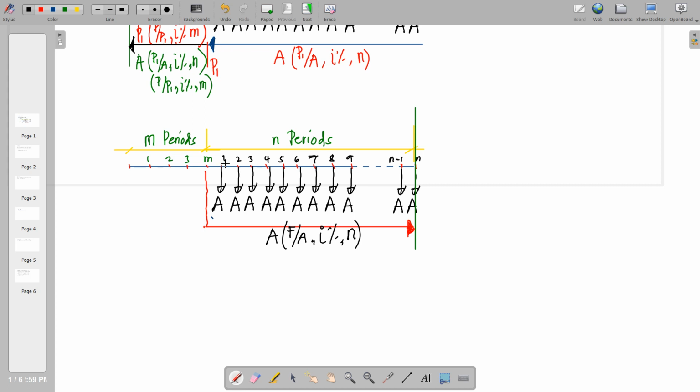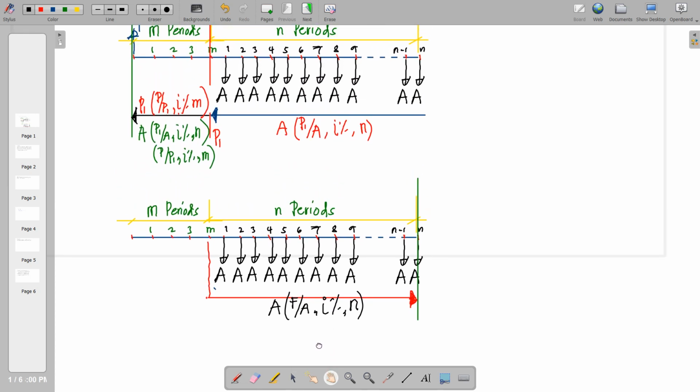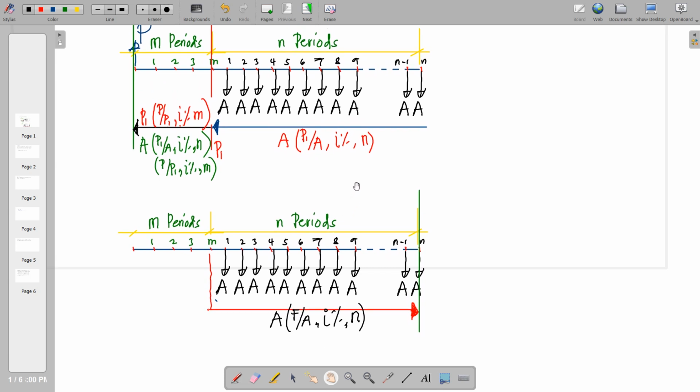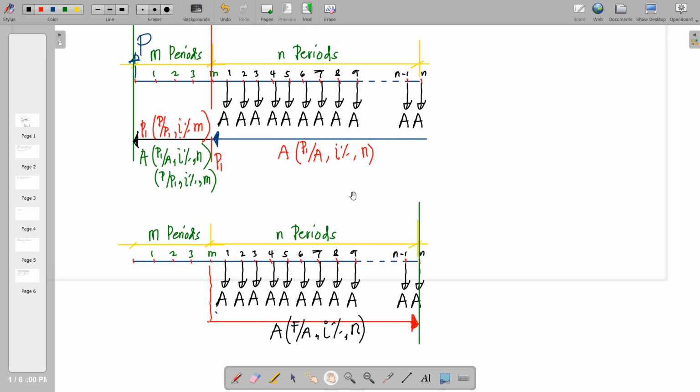When you see a 1, move it back one period so that it becomes the 0 period of that 1, wherever it is. That's the technique in ordinary annuity. So it's very easy to treat this as an ordinary annuity. The only difference between ordinary annuity and deferred annuity is that there will be several periods before the first payment occurs.